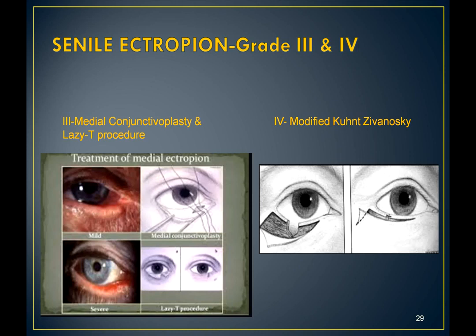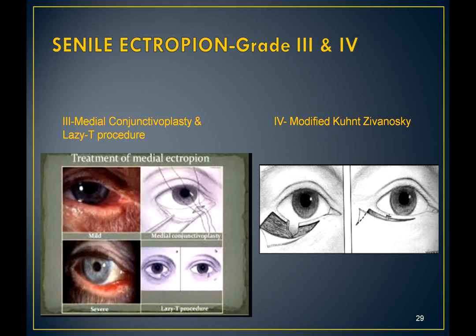But grade 3, here there is lid eversion in addition to eversion of the punctum, so there is permanent watering and the patient is exposed to dry eye. Water comes out all the time, and still the upper portion of the cornea remains dry. So what we do is medial conjunctivoplasty.